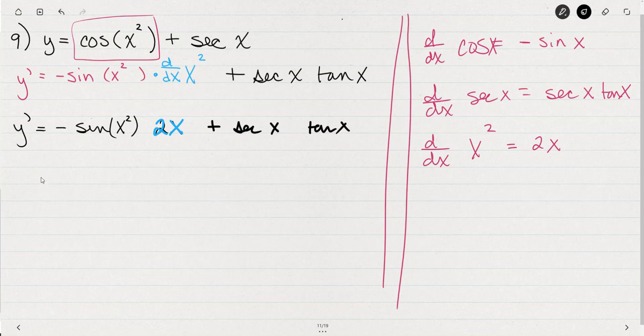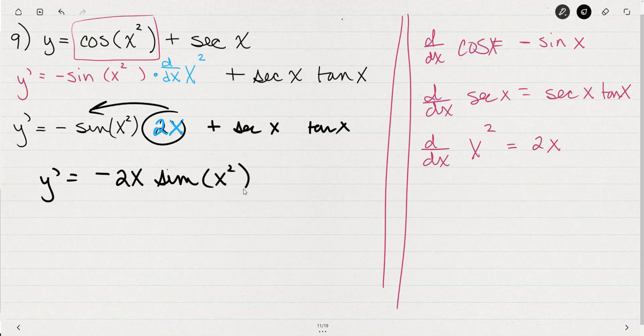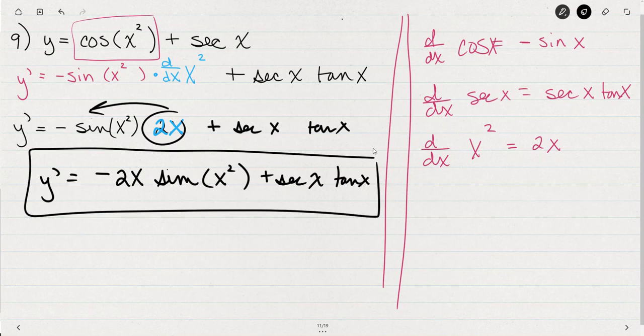Putting this all together in a nice format, I'm going to pull this 2x to the front. So we'd have minus, or the opposite of, 2x times the sine of x squared plus secant x tangent x. And that's the derivative. A lot of chaining going on there.